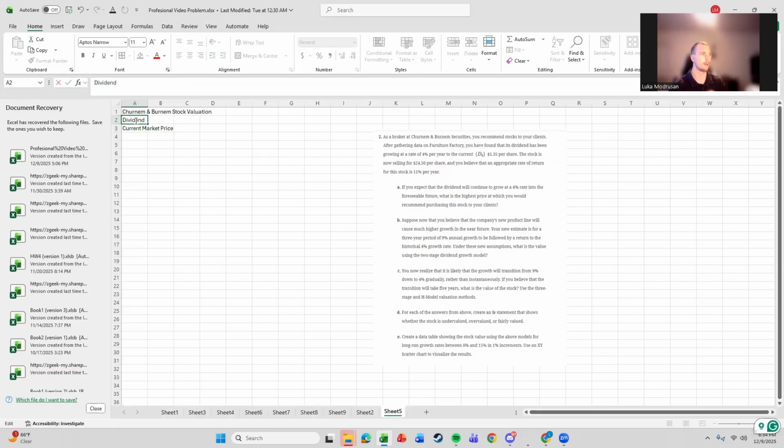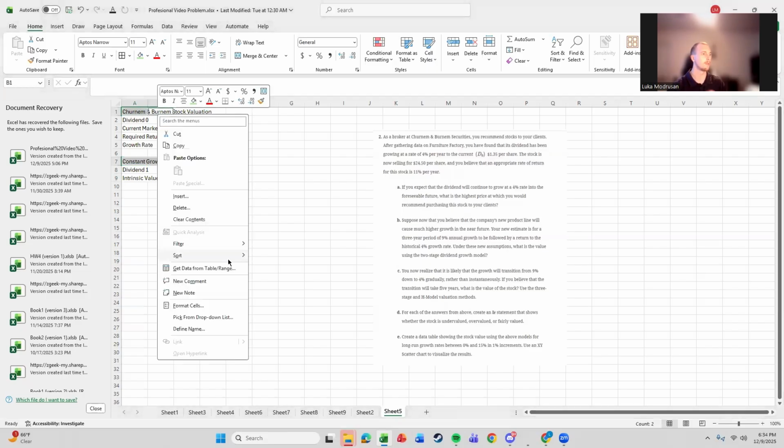Dividend zero, required return, growth rate. A constant growth dividend one, and then the intrinsic value for this one. Right.